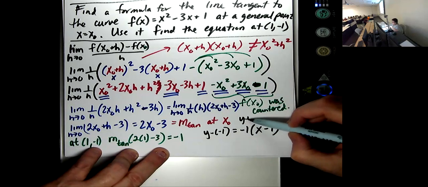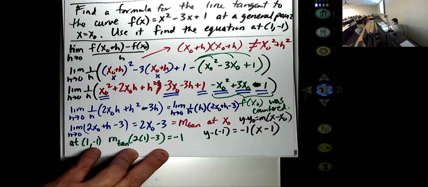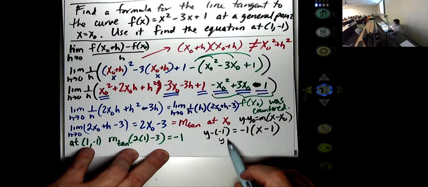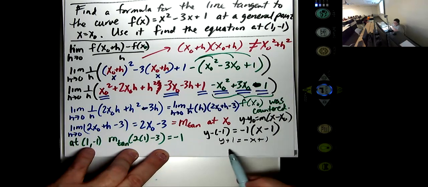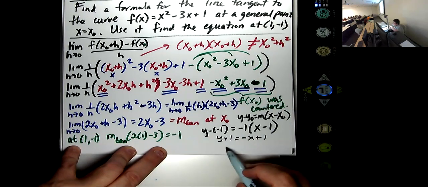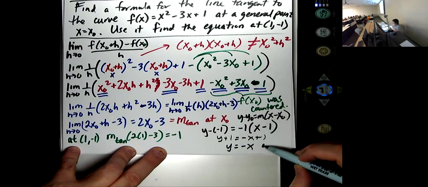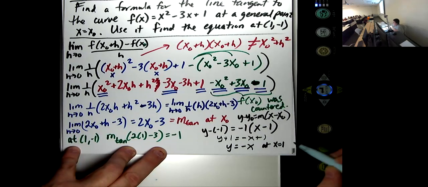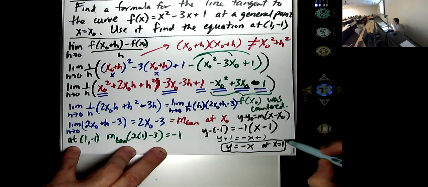Y minus y naught equals m times x minus x naught. We clean this up, we've got y plus 1 equals negative x plus 1. And all we get at that point is y equals negative x. At x equals 1. That's the tangent line.